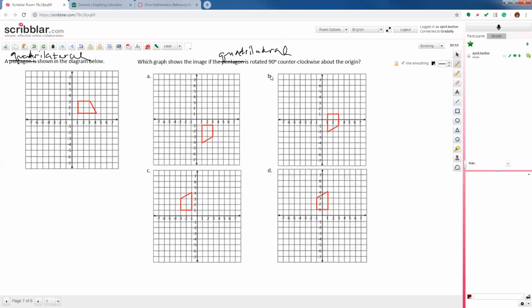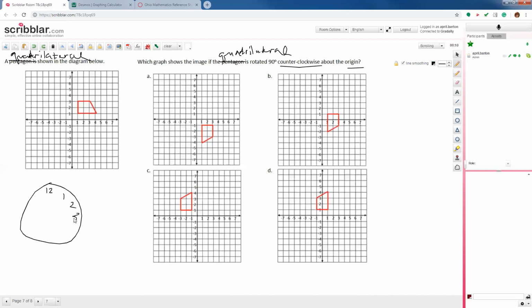Sorry, more specifically, rotated 90 degrees counterclockwise about the origin. So clockwise versus counterclockwise, if you imagine an old school clock, I think I'm labeling this totally wrong, 12, and it's been such a long time since I've needed to draw a clock.